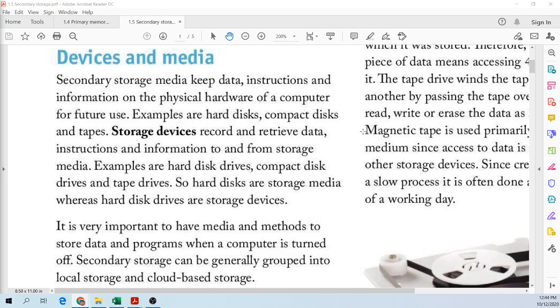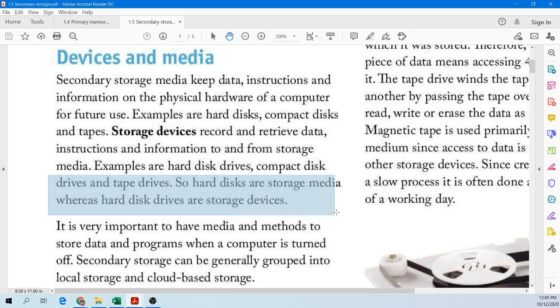Good. So there are two terms here that you need to remember, and that is storage devices and storage media. We would have covered that in chapter 1.1. There is a difference between a storage device and a storage media. The hard disks are the storage media.